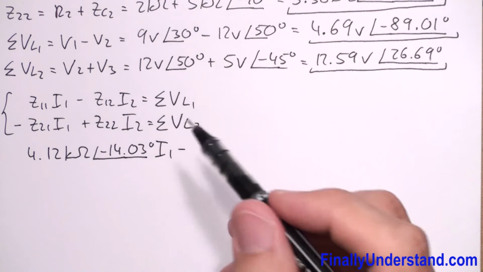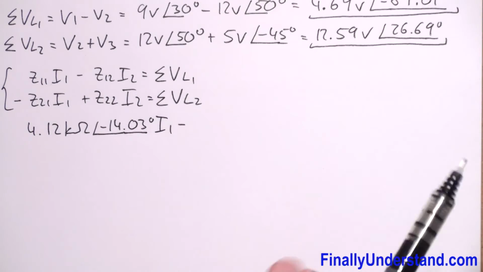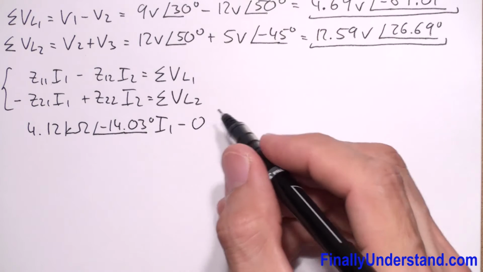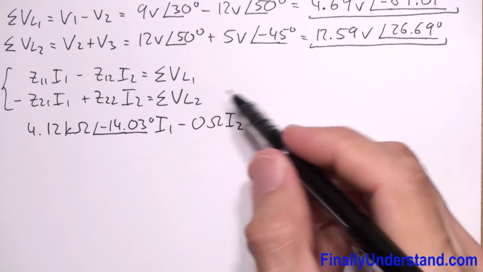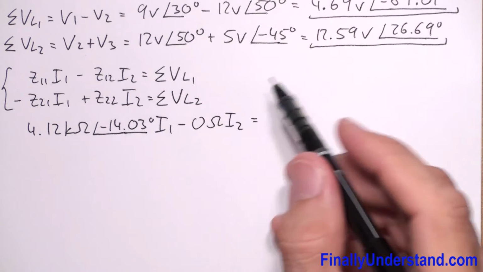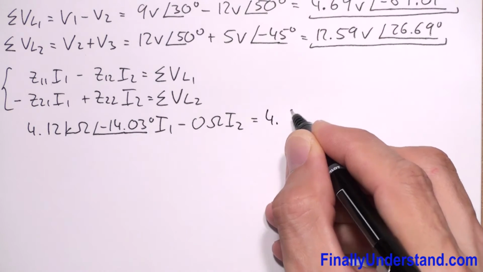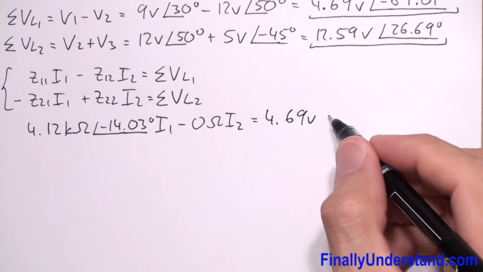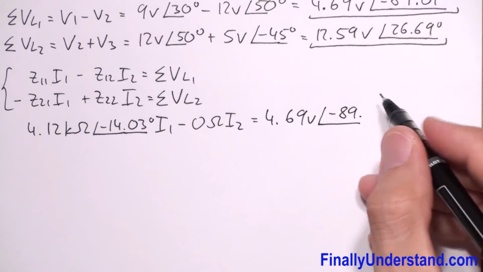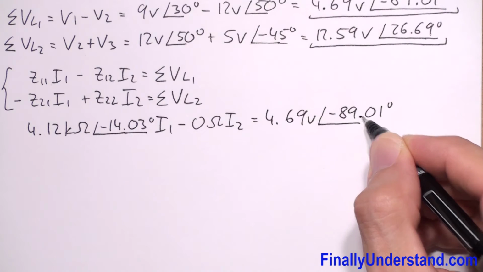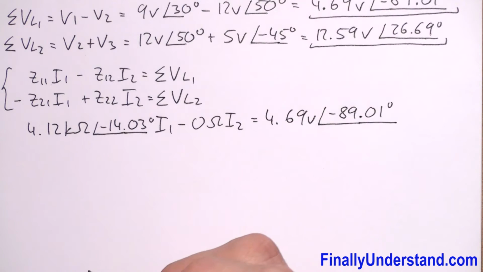We said that there is no impedance between loop 1 and 2, that's why I'm going to write there 0 ohms, and I have I2, and the sum of the voltages in loop 1 is equal to 4.69 volts and angle of negative 89.01 degrees. Okay, so this is my first mesh equation.